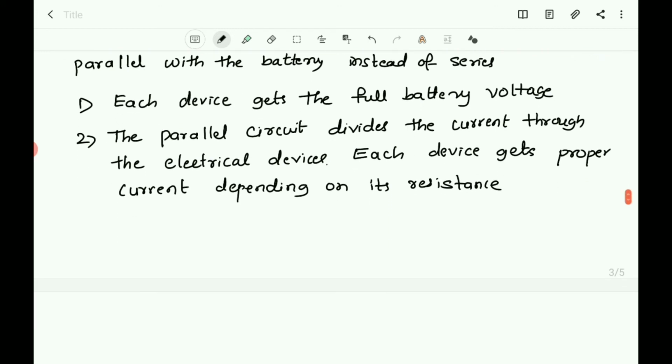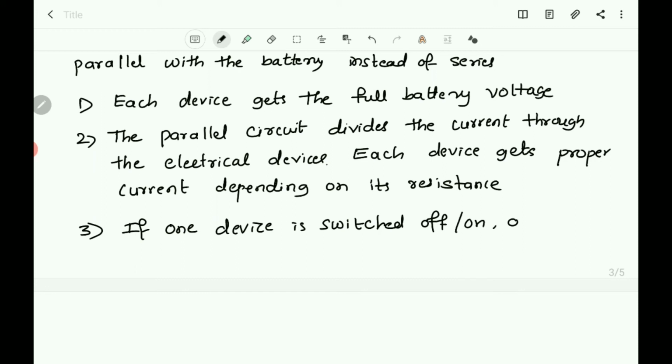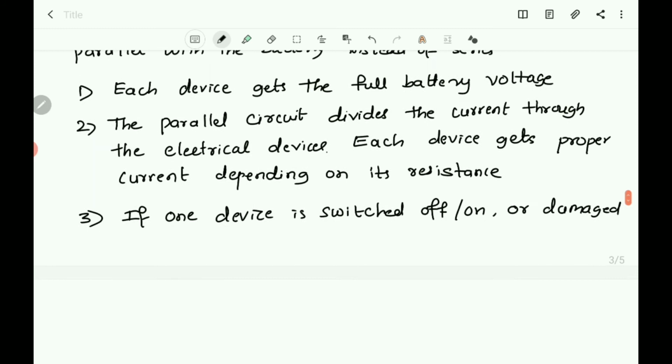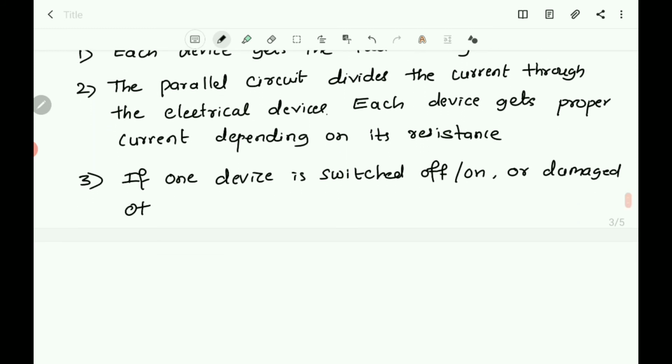Next, third one is, if one device is switched off or on or damaged, others are not affected here.